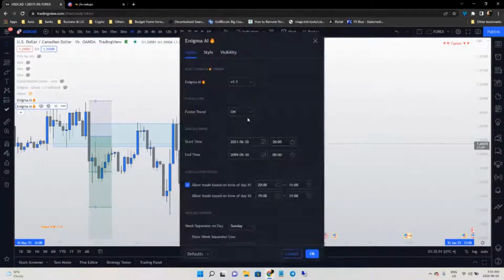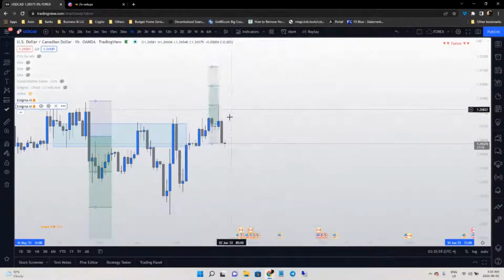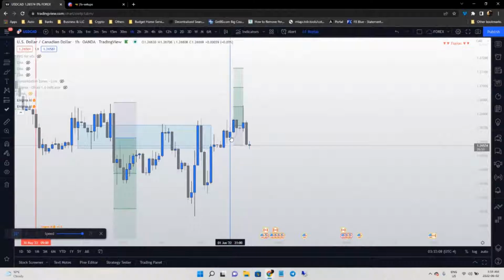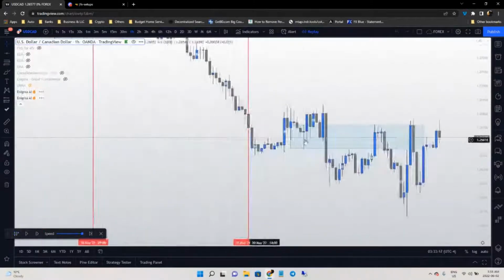I know there's a few, take some notes here on the actual signal. So here at that point, let's do a bar replay just to make sure. Maybe it just changed for Fusion for a downtrend. So just to make sure, we'll do a bar replay.